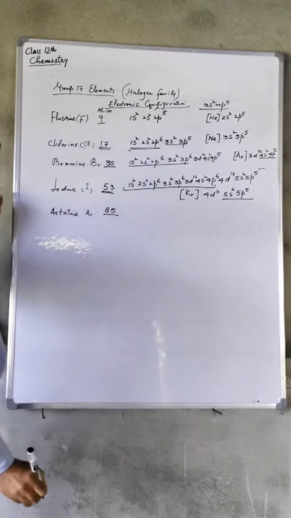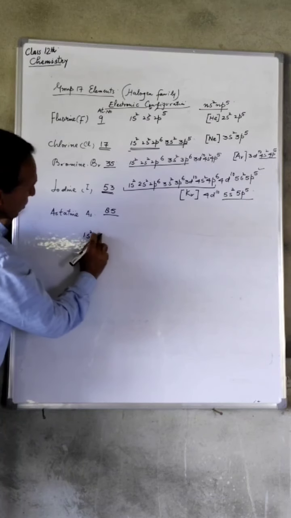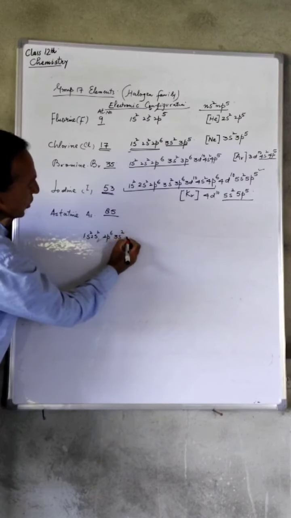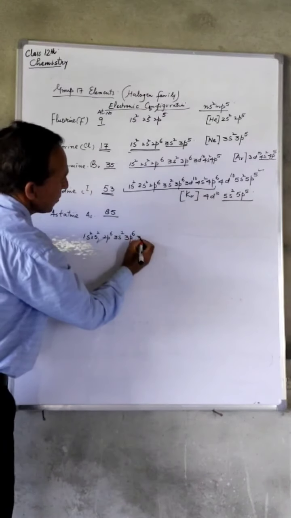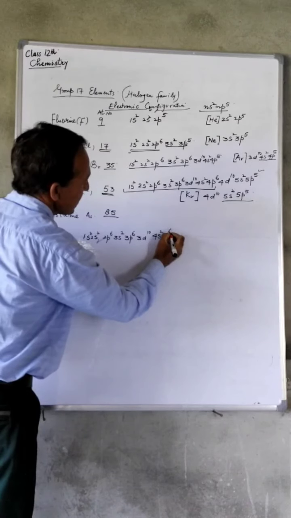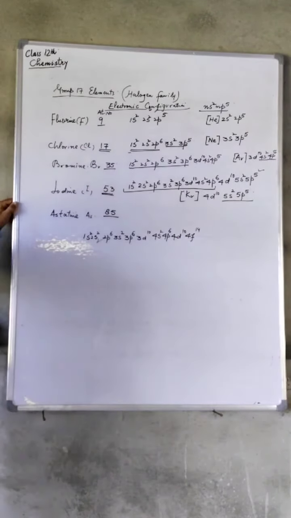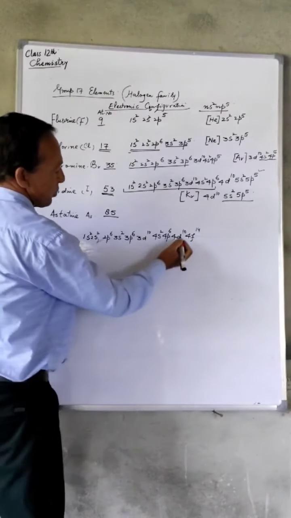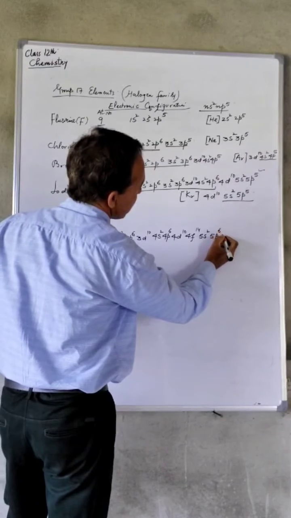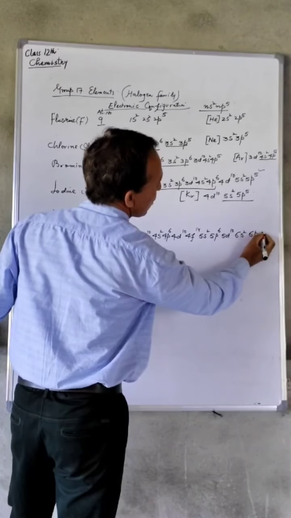Now the last, astatine, and the electronic configuration is 1s2, 2s2, 2p6, 3s2, 3p6, 3d10, 4s2, 4p6, 4d10, 4f14, 5s2, 5p6, 5d10, then we have 6s2, 6p5.